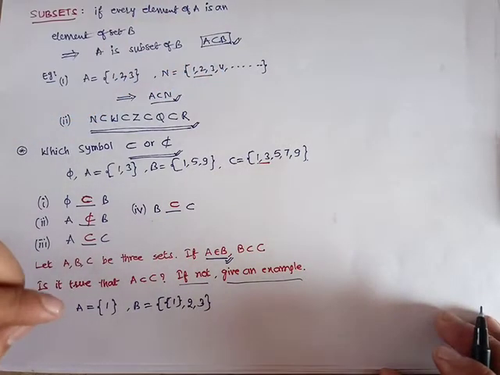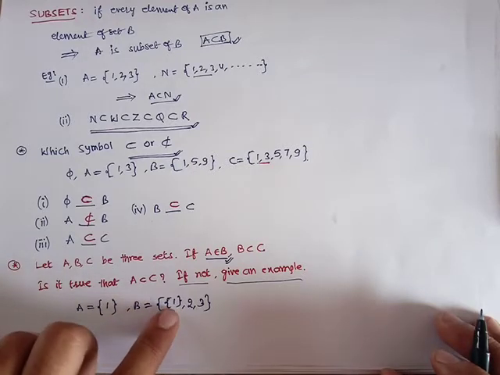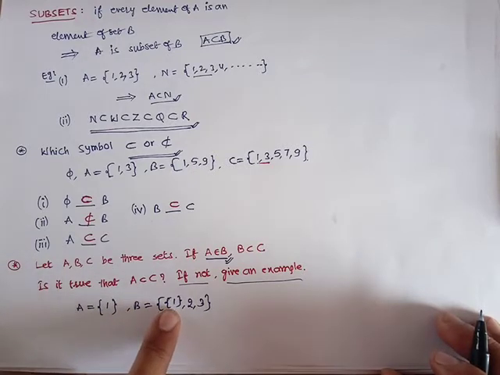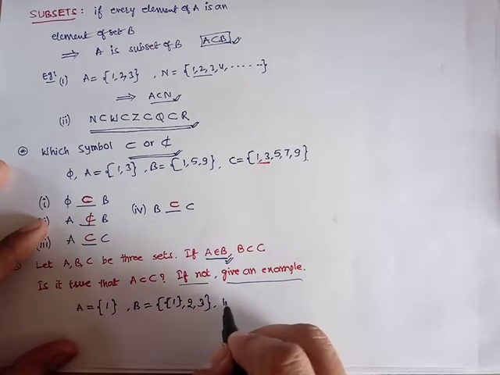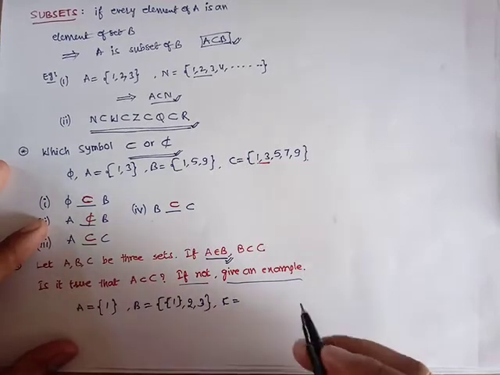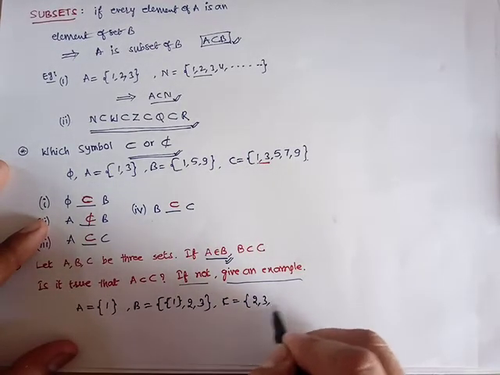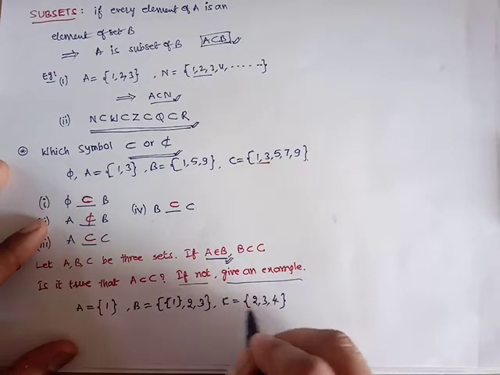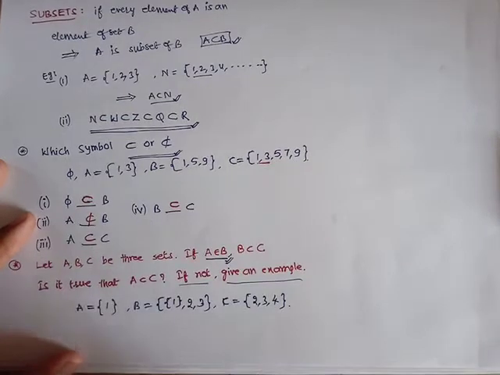So A is equal to {1} and B is equal to the set containing {1} as an element now. 2 and 3 are also going to be elements. And take C is equal to, C is a set, {{1}, 2, 3, 4}.